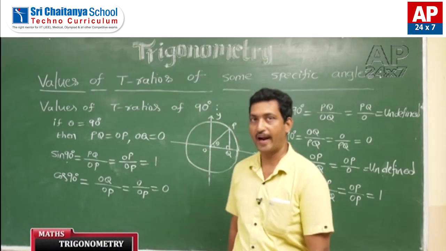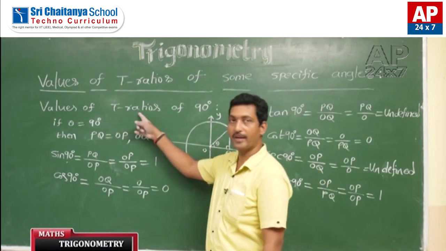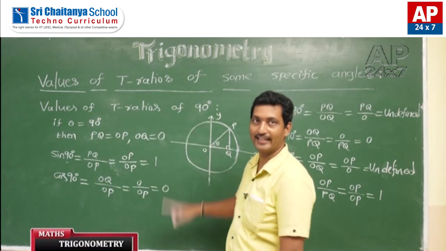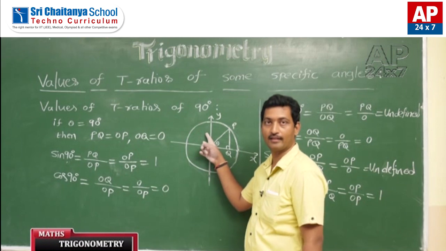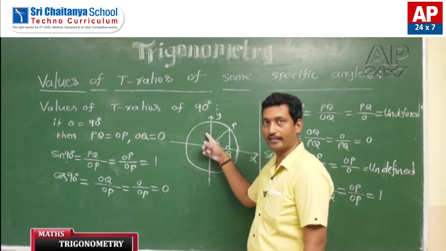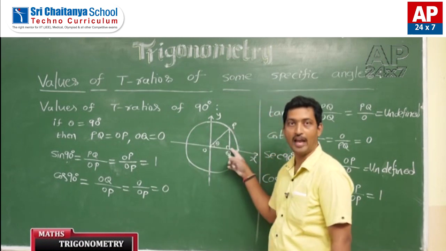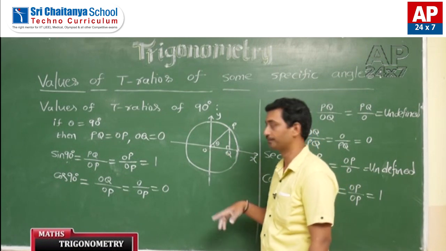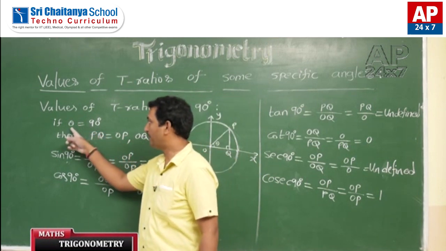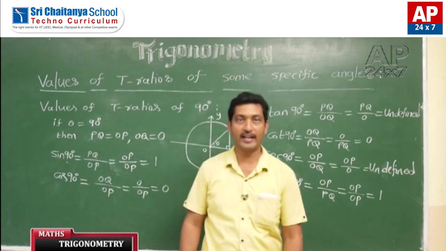Now, we are going to find the values of the trigonometric ratios of 90 degrees. For that also, we have to consider the x and y axis and take a right angle triangle OPQ, and theta is the angle between OP and OQ. Now, if theta is equal to 90 degrees, what happens?